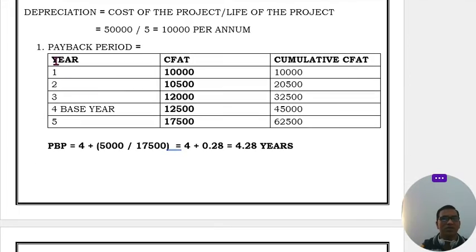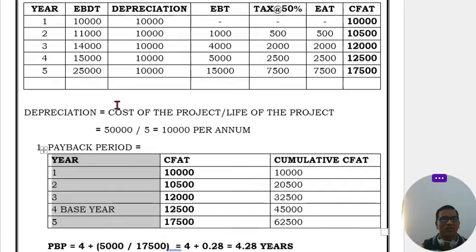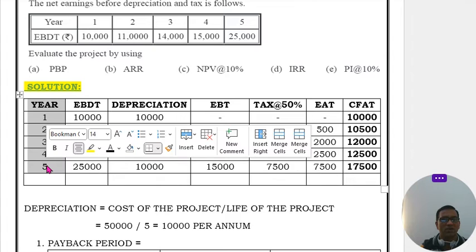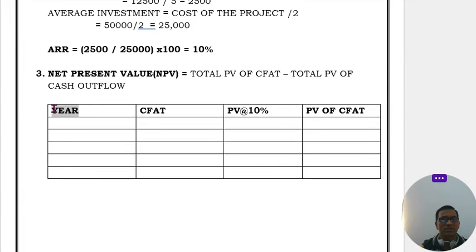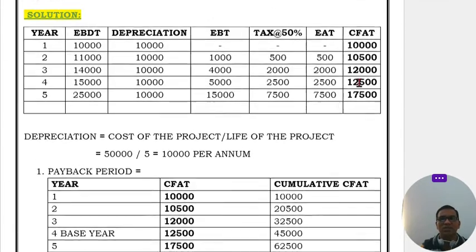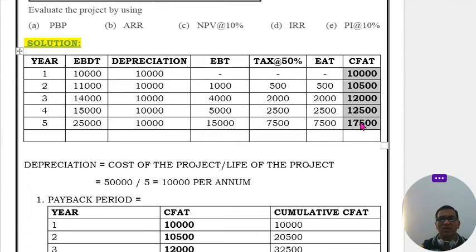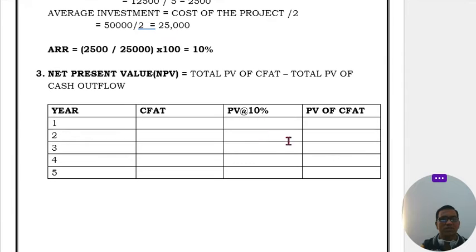Here there are 5 years, all 5 years are there. Year and CFAT values we calculated from the question. Then PV at the rate of 10%.